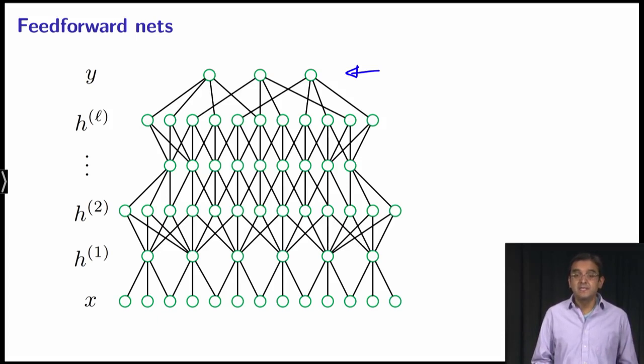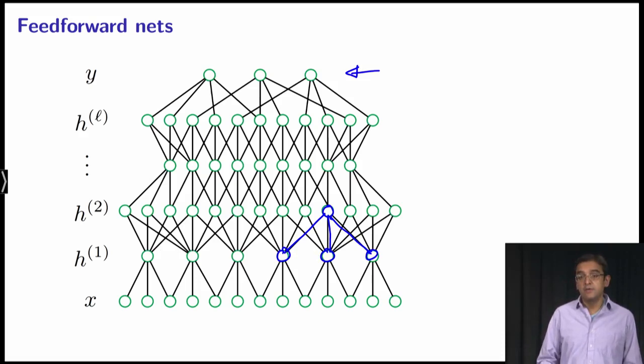Each node is a simple function of its parents. Okay, so we have a node here. These are its parents in the previous layer. Each node is computed as a linear function of its parents, followed by a nonlinear activation, typically a rectified linear function. And in this way, the computations proceed upwards and reach the output.